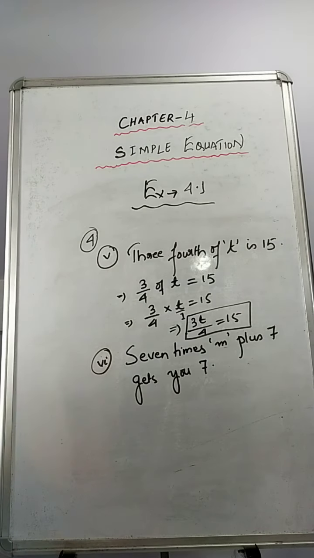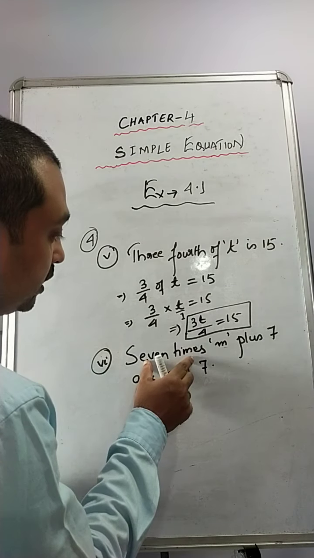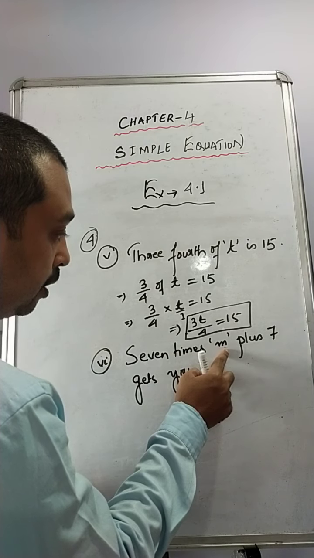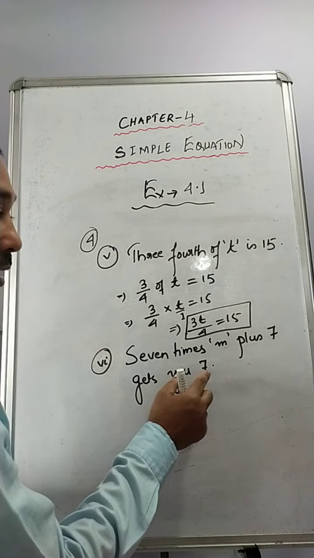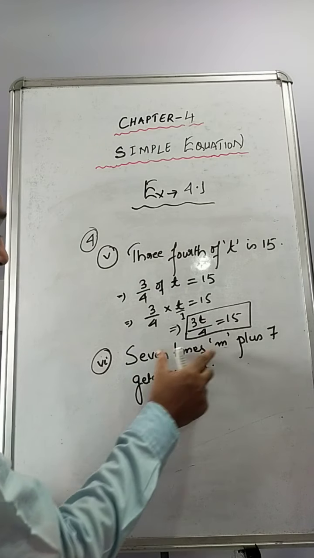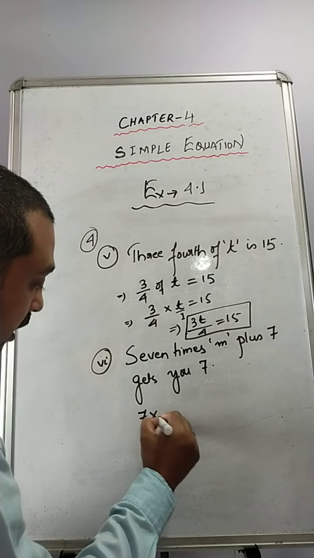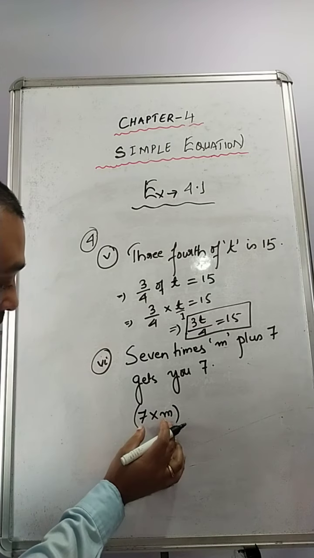Now let's move on to sum number 6. 7 times m plus 7 gets you 77. Sorry, extremely sorry, it is 77 written. 7 times m means 7 into m.